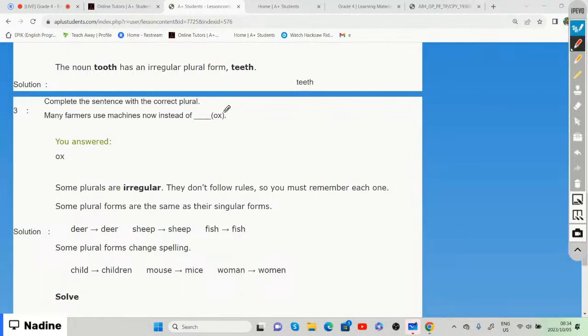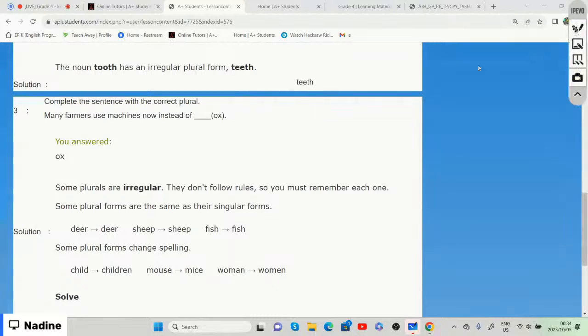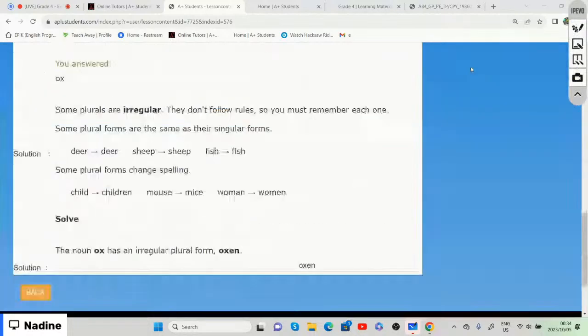So one ox, more than one oxen. So now farmers, they are using machines or tractors or something, right, instead of oxen. Oxen refers to two or more ox. So many years ago, ox used to do all the production work on the farms.